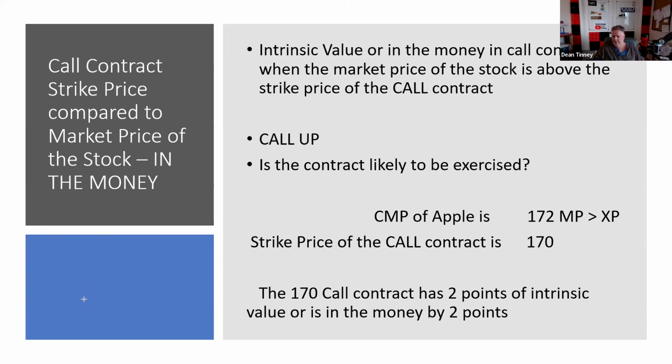Call up is a great memory aid device for what we're discussing, intrinsic value. If the market price is up from the strike price, call up, the contract has intrinsic value. Put down. If the market price is down from the strike price, it has intrinsic value.